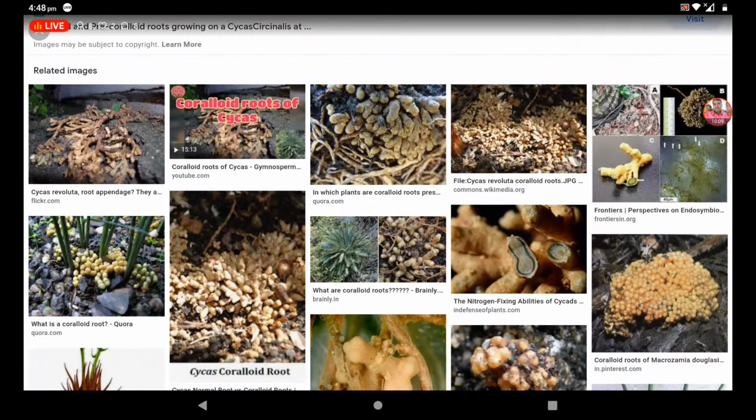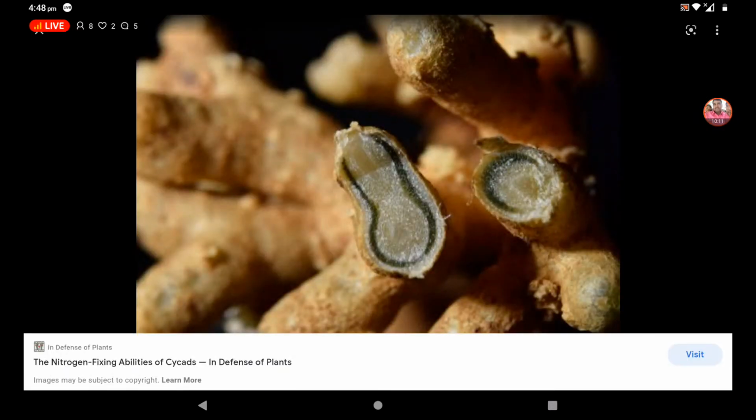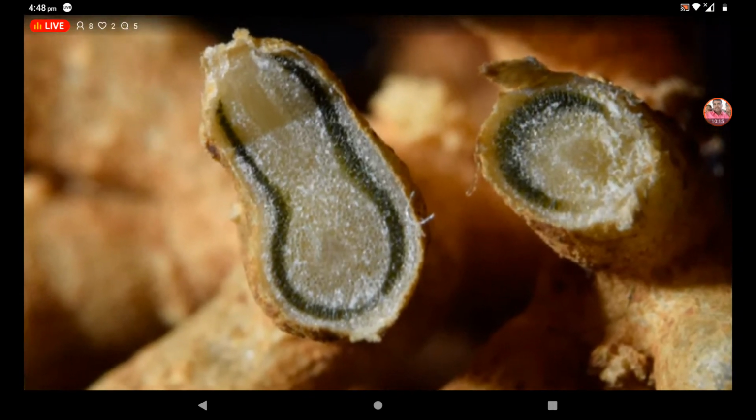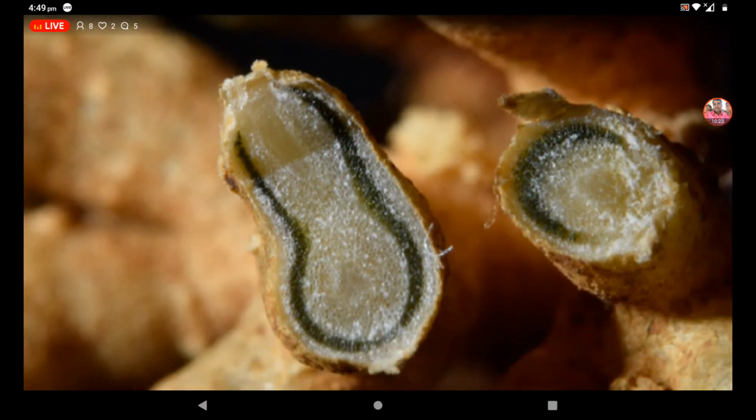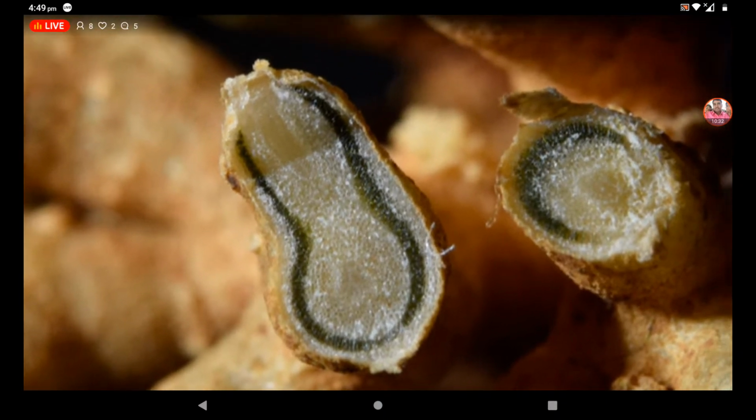You find it at the base of the stem. Then if we take the cross section of the coralloid root, see how it appears. The cross section shows a symbiotic association, the green color you are seeing, Nostoc and Anabaena. These are cyanobacteria, blue-green algae, which have a symbiotic association for nitrogen fixation.